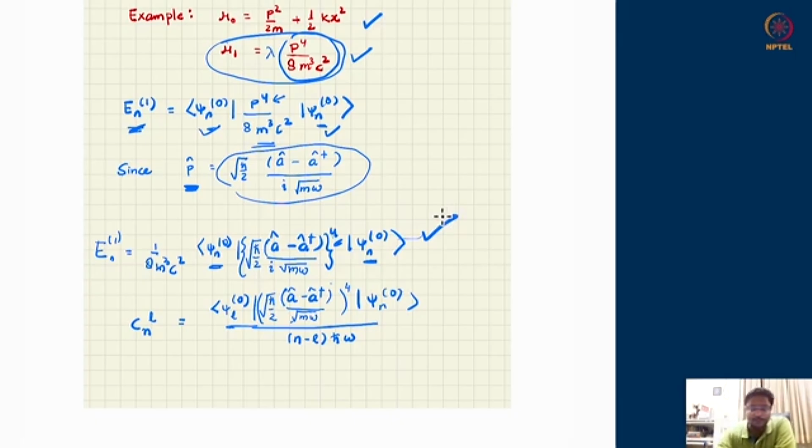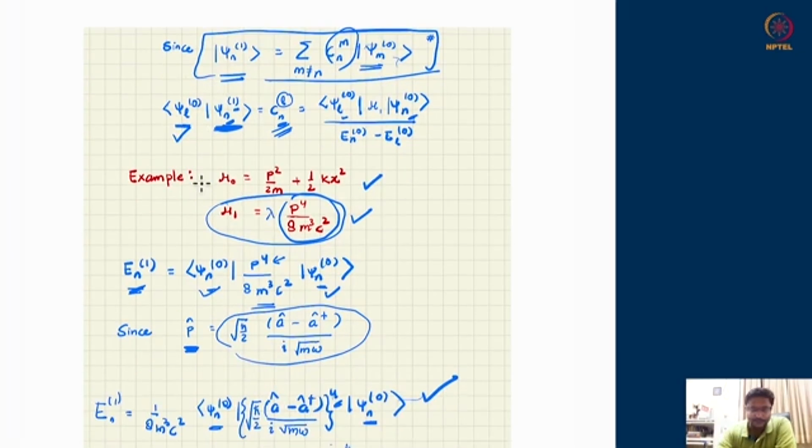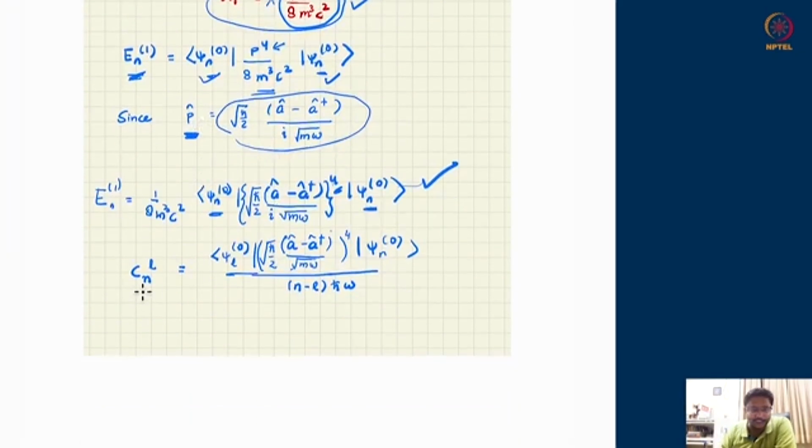Similarly, if I want to know the projection C_N^L, which tells me the projection of the first order correction along the Lth unperturbed eigenbasis, the subscript n tells you which eigenfunction's first order correction you are looking for. I am looking for the first order correction of the nth eigenfunction, and the upper index L tells you what is its projection along the unperturbed Lth basis. So if I want to know C_N^L for this perturbation Hamiltonian, what do I have to do?